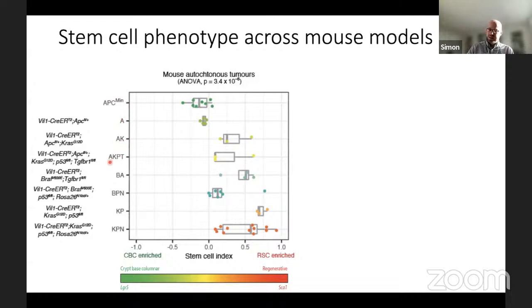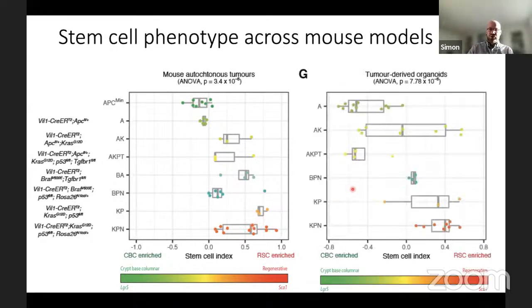We've got APC-KRAS, APC-KRAS-P53 and TGF-beta, BRAF-P53 and Notch, KP is KRAS and P53, and KPN is KRAS, P53 and Notch. So we have these different mouse models, and applying the stem cell index, again, skewing towards the regenerative side or towards the CRIT-based columnar side, we can see that the stem cell molecular phenotype varies according to the genotype of the tumor.